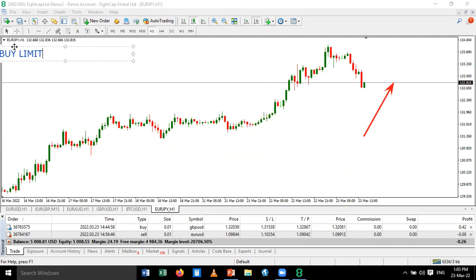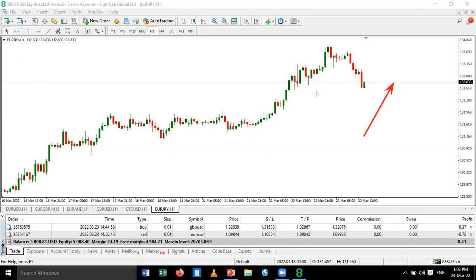And the buy limit is a pending buy order below current market price. I want to buy, but I don't want to start buying immediately from this current market price. I want to buy at a price that is below the current market price.